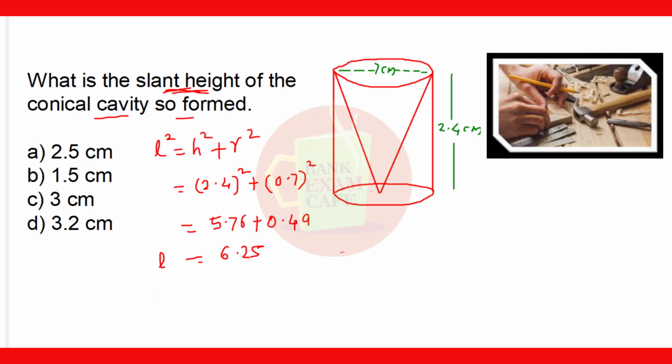Taking square root of both the sides, we get L is equal to 2.5 centimeter. Therefore the slant height of this conical cavity is 2.5 centimeter, and option A is the correct option.